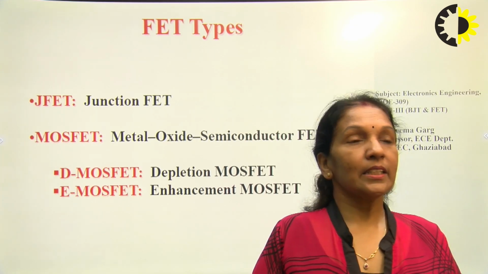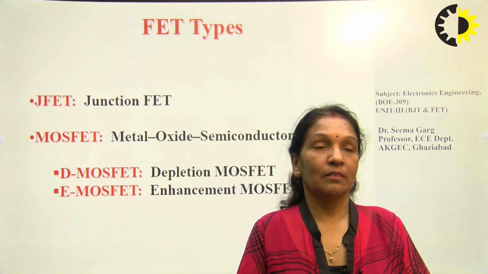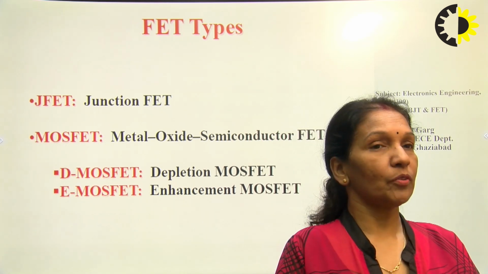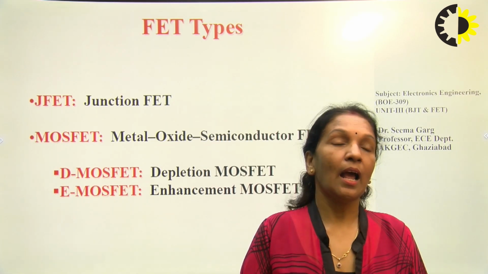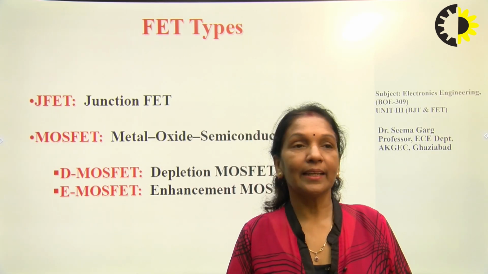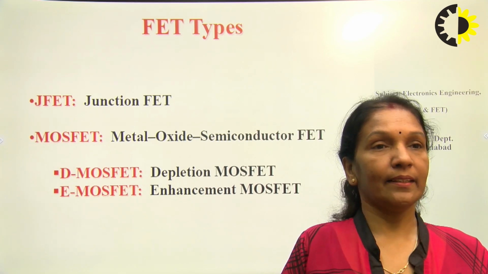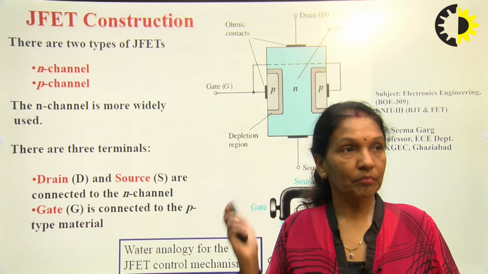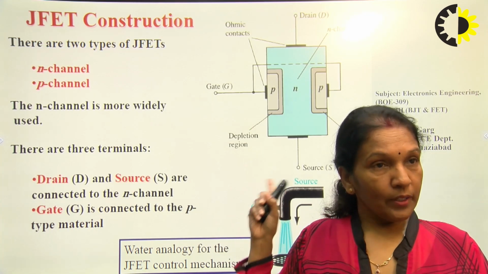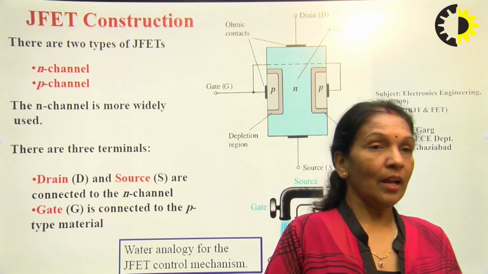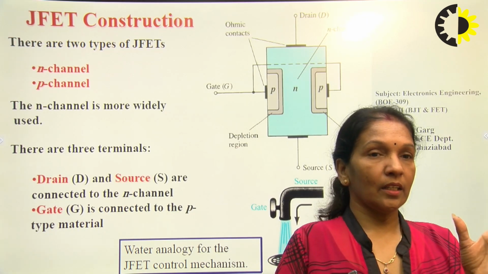Metal oxide semiconductor field effect transistors are of two types: depletion type MOSFET, which is of two types, N channel and P channel, and E-MOSFET, the enhancement MOSFET, which is again of two types, N channel and P channel.